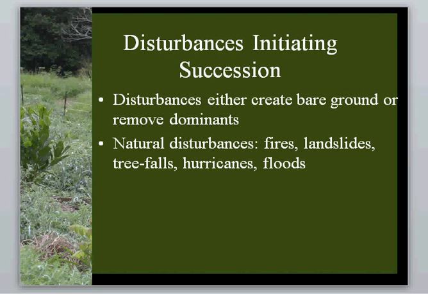But humans can provide non-natural disturbances with tractors and herbicides to also create bare ground. Now, it's important to create this bare ground, particularly when it comes to rainforest restoration.